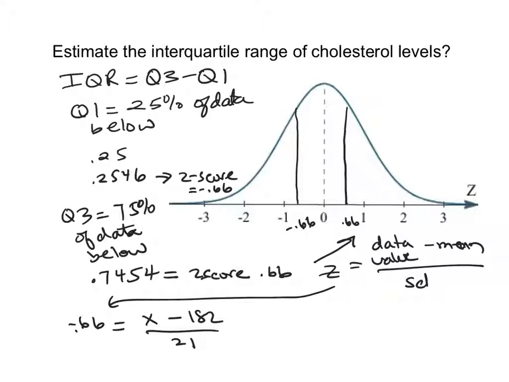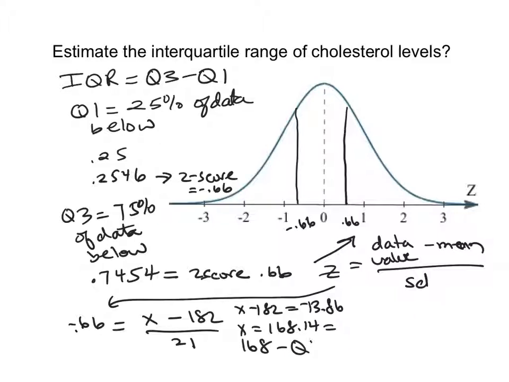When I solve this equation, if I multiply by 21 here, I get X minus 182 equals negative 13.86, and if I add 182 over here, I get 168.14, which I'm going to round to 168.